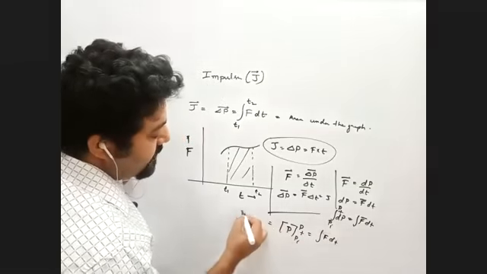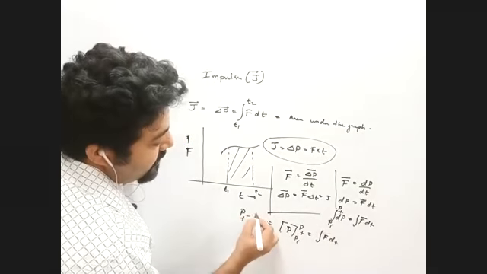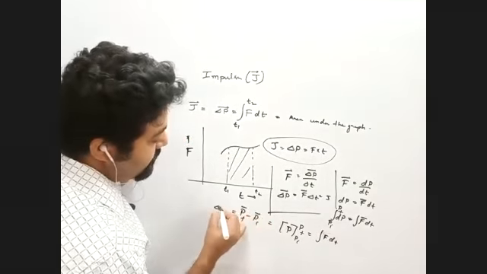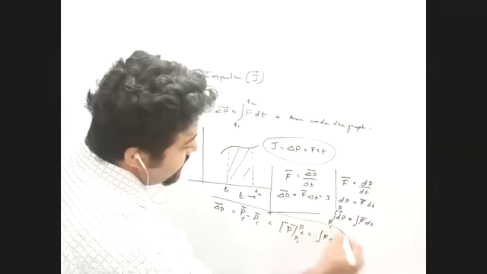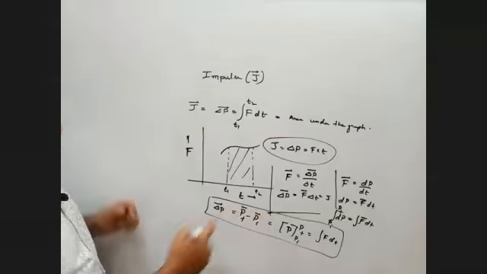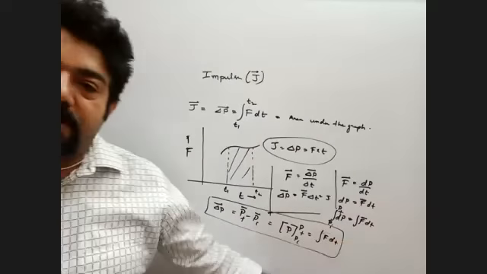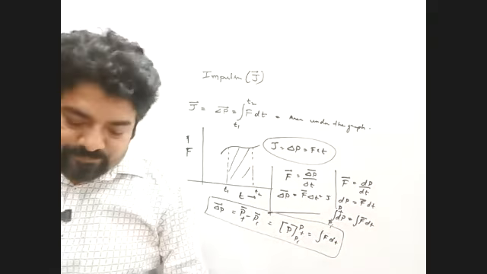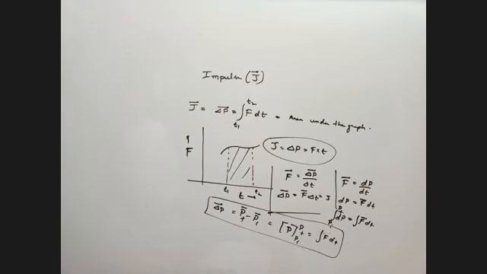So this is final minus initial, right? So that is the change in momentum. It depends on the initial and final, and that equals force into dt. Is it okay?